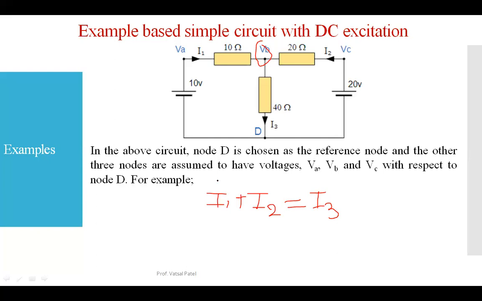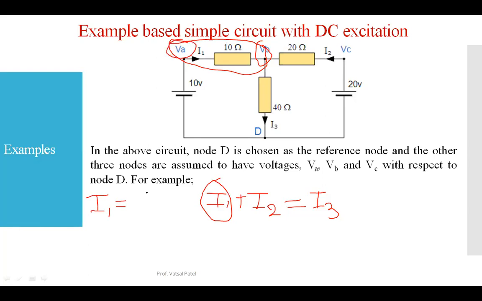Now, if you find the current I1 in this branch, if I write the current I1 in terms of Ohm's law, voltage divided by resistance, can I write? But you have two voltages here, VA and VB.